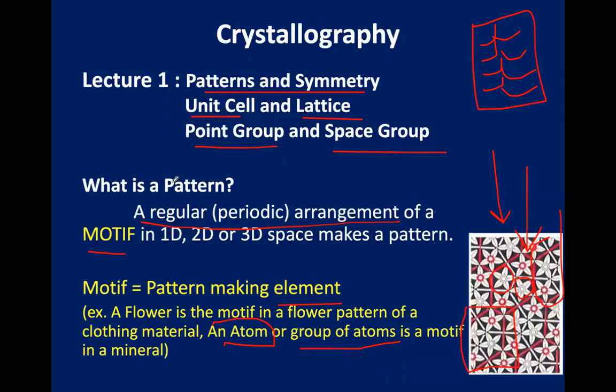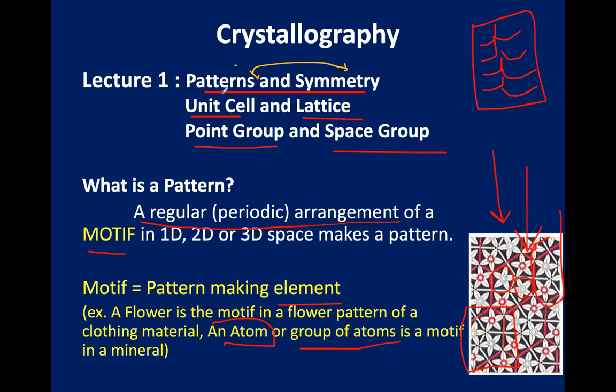So a regular or periodic arrangement of a pattern is very important, that makes up a systematic or orderly arranged item that you can call a crystal, right? So patterns and symmetry, and also the symmetry is defined by the systematic arrangement. So these two go together, because they define the two things together.